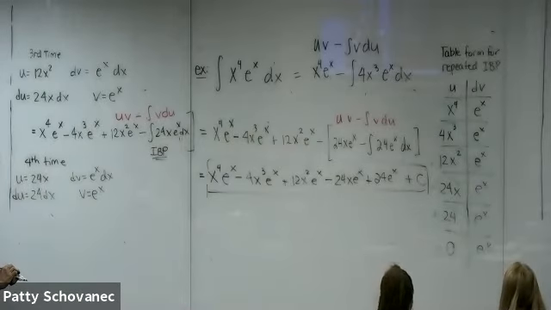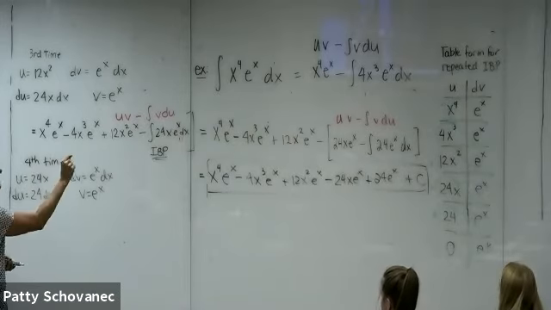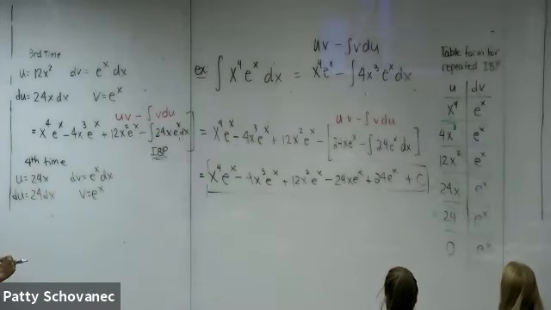So e to the x squared is problematic. We saw that you would get an infinite regression using this power. You can't integrate e to the x squared by itself. Well, we'd have to have an x e to the x squared over there.